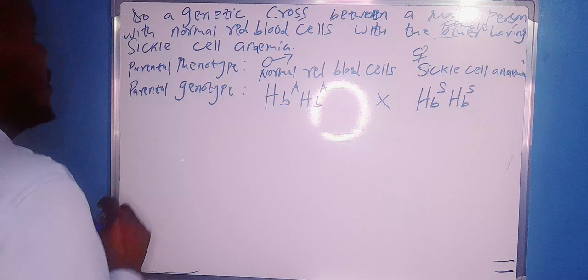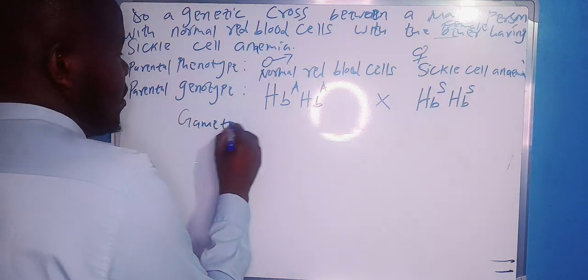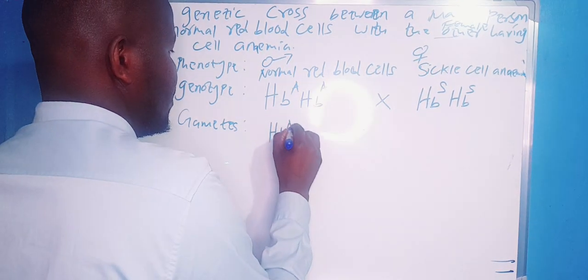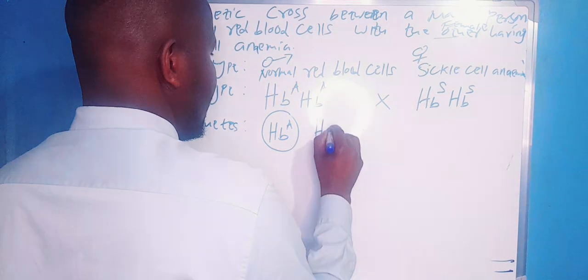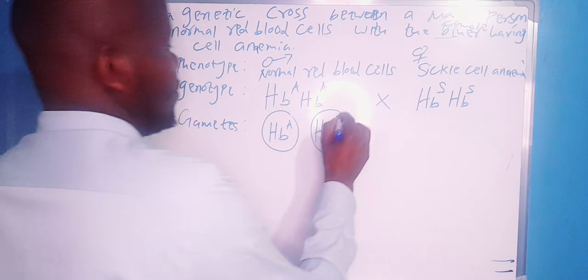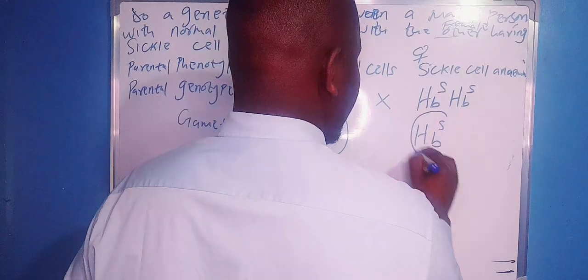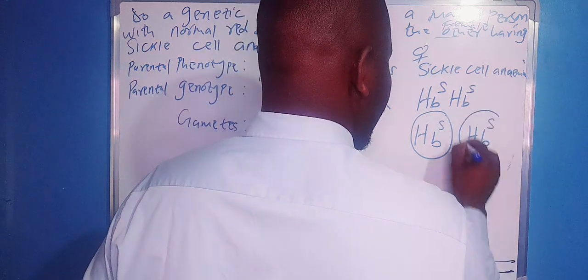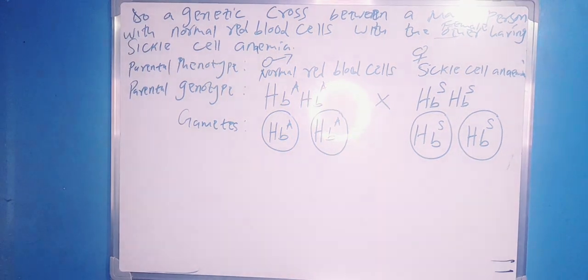So at the end, you'll have the gametes here. You just bring down this one, doing a complete circle: HbA, HbA, then HbS, HbS. Let's use a Punnett square.